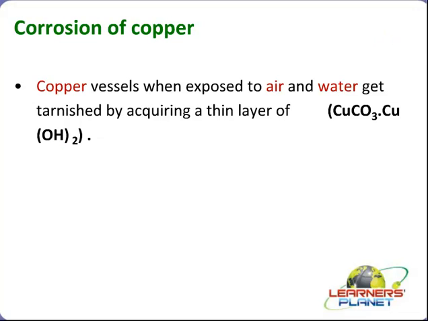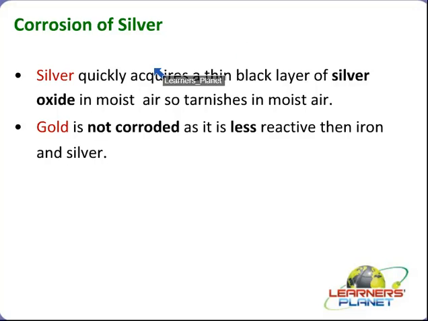There is another metal which undergoes corrosion, and that is silver. On silver utensils like glasses or bowls or silver ornaments, a black layer is formed. Now what is that black layer? It is silver oxide.